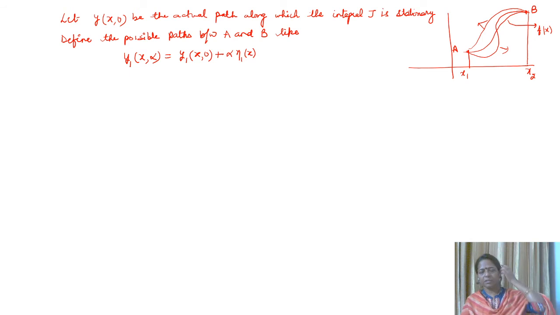Suppose I have defined this path with the help of the parameter alpha and eta 1.